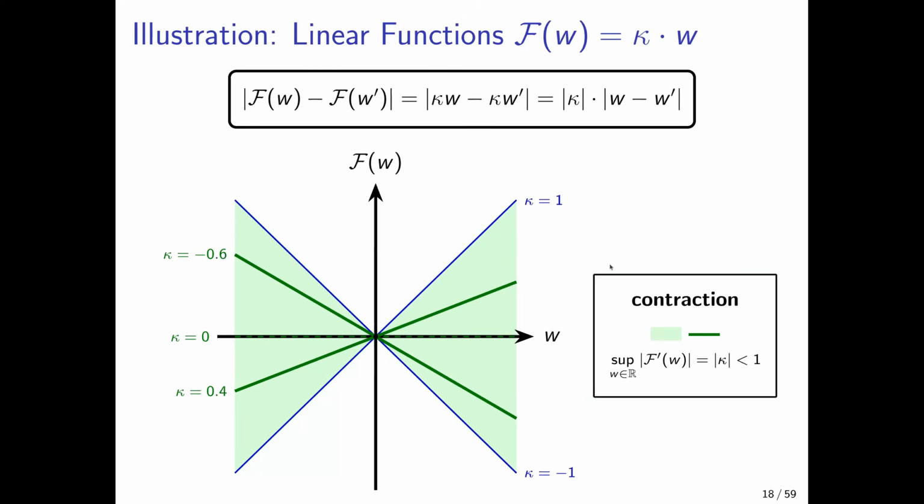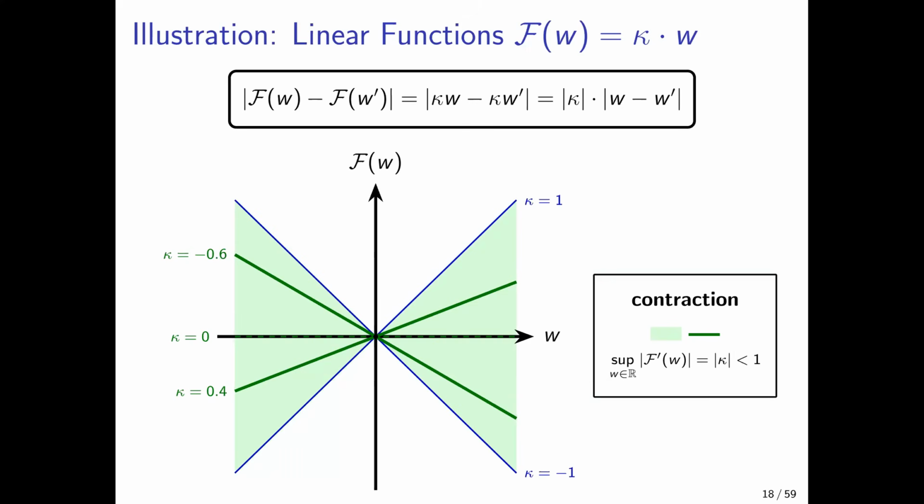We can also do this via the derivative. If we compute the derivative of it, this is simply kappa. And so this is another way to see that this is a contraction if and only if kappa is smaller than 1 in absolute value.